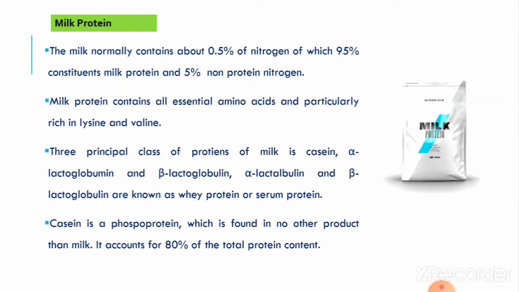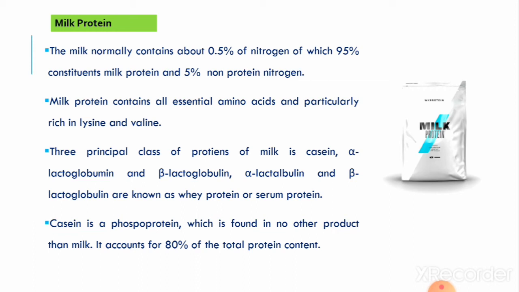The next constituent of milk is milk protein. The milk normally contains about 0.5% of nitrogen, of which 95% constitutes milk protein and 5% non-protein nitrogen. Milk protein contains all essential amino acids and is particularly rich in lysine and valine.